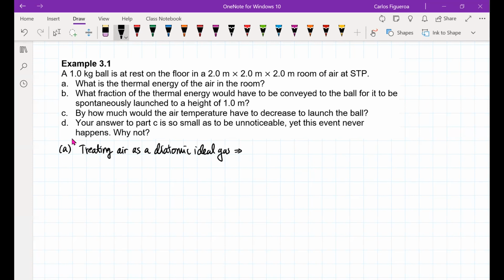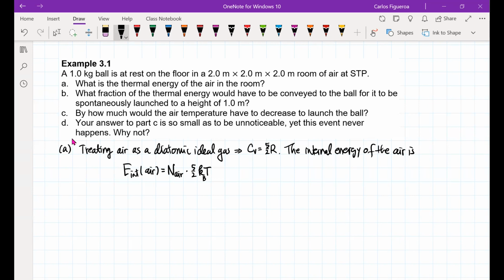That immediately tells us that then CV has to be 5/2 R. So the internal energy of the air has to be the number of air molecules times 5/2 kBT.